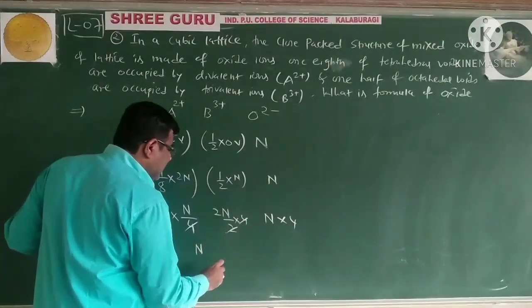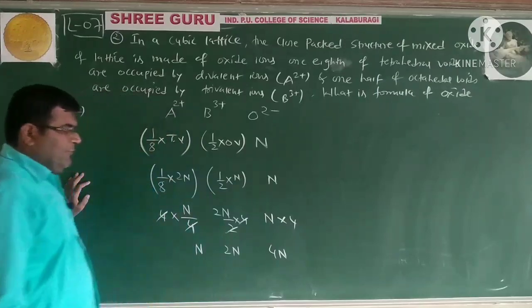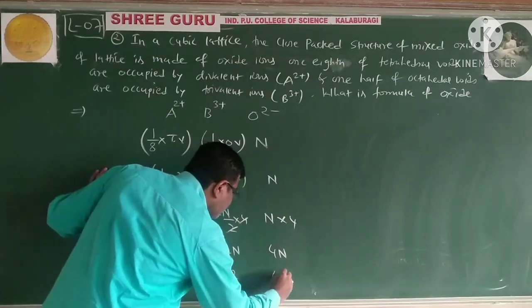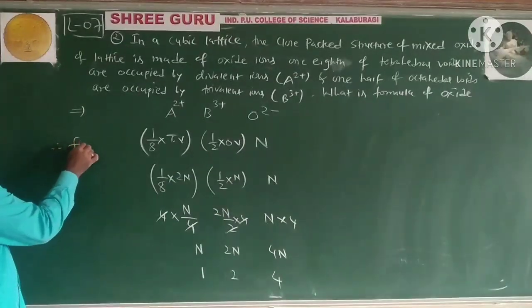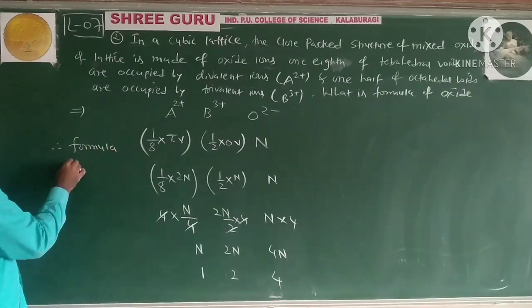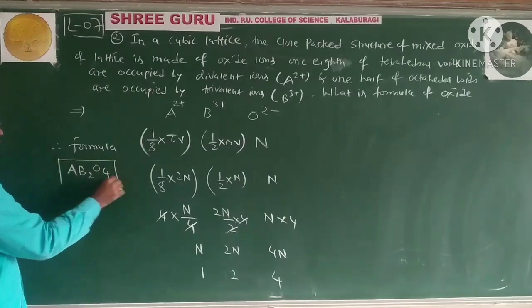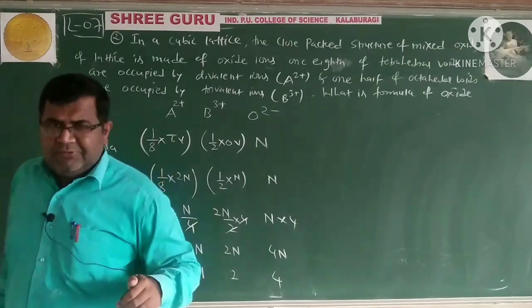So it is N, 2N, 4N. Divide this by N: 1, 2, 4. So the formula is AB2O4. This is the way in which this question can be solved.